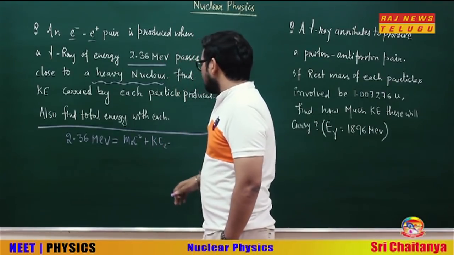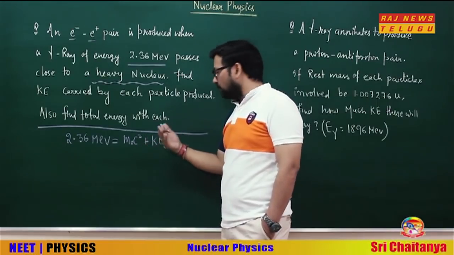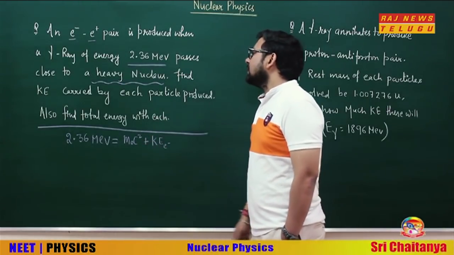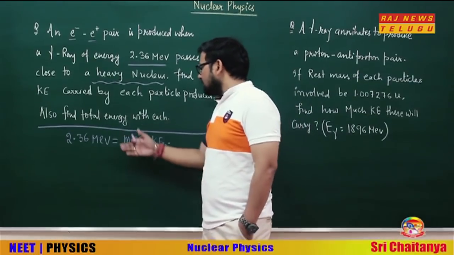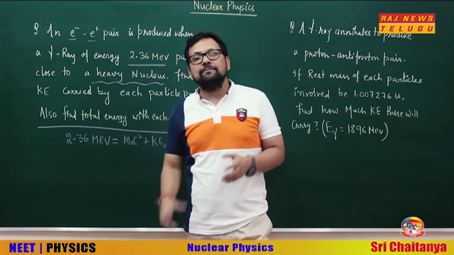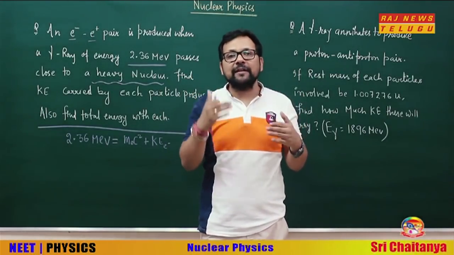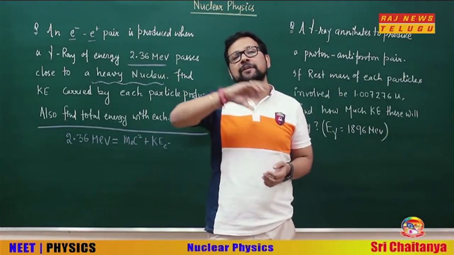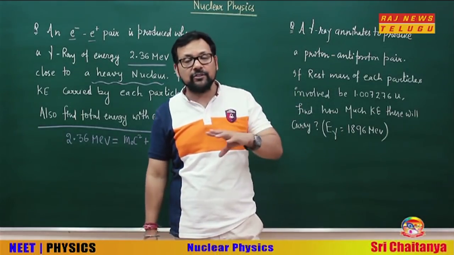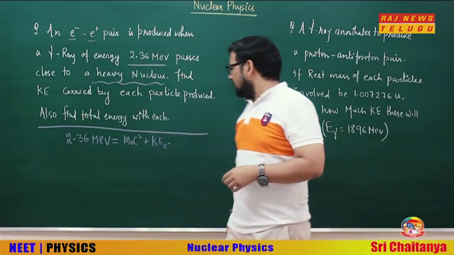The rest mass energy m naught c square, the energy equal to mass, plus kinetic energy of electron. If you remember this concept, some energy is being supplied and some energy is used up as the mass equivalent, and if some energy is left, that is being used as the kinetic energy of the pair produced, that is electron and positron.